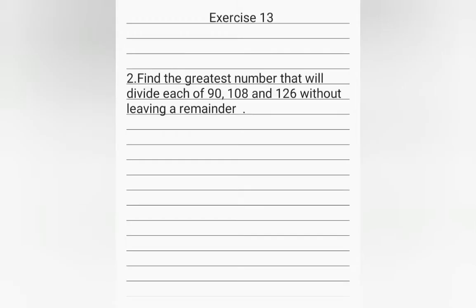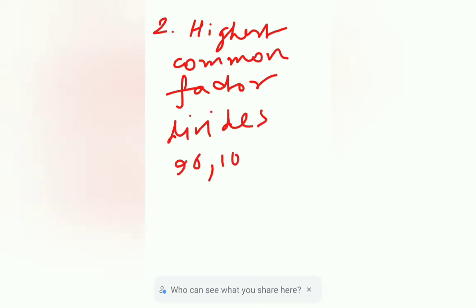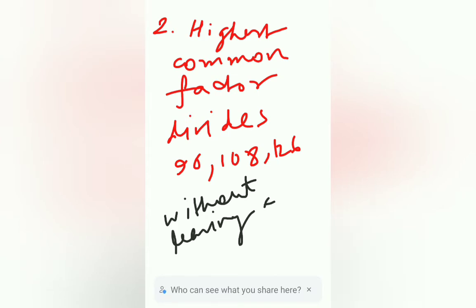Find the greatest number that will divide each of 90, 108, 126 without leaving a remainder. This is the same as before, the question number 1. Here you have to find out the highest common factor, in short HCF, of 90, 108 and 126.